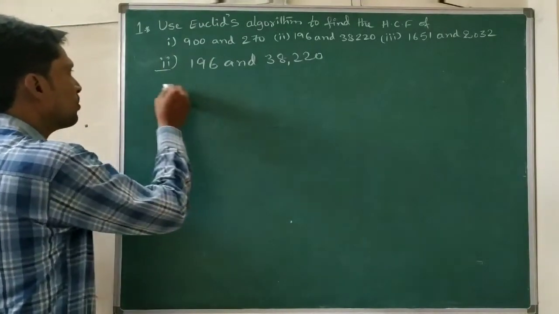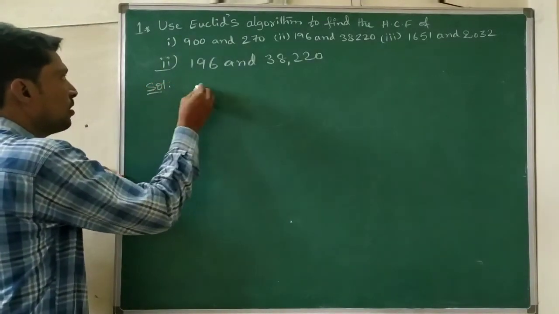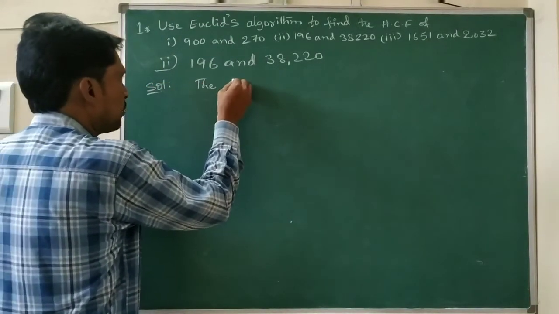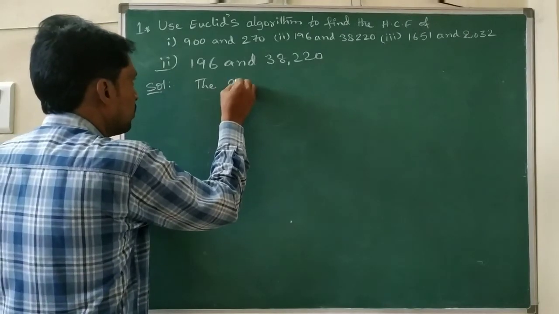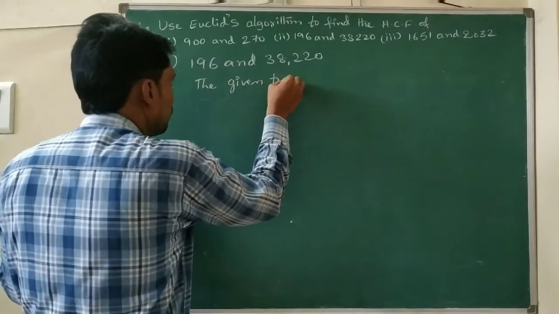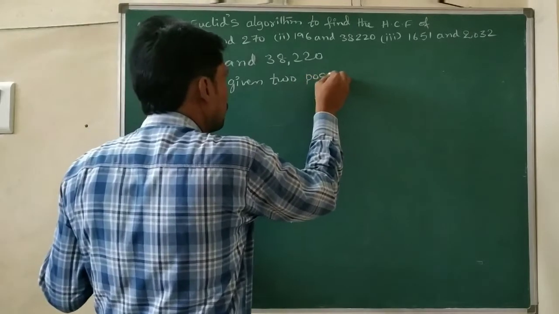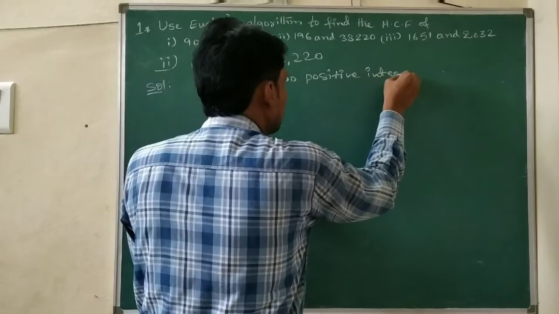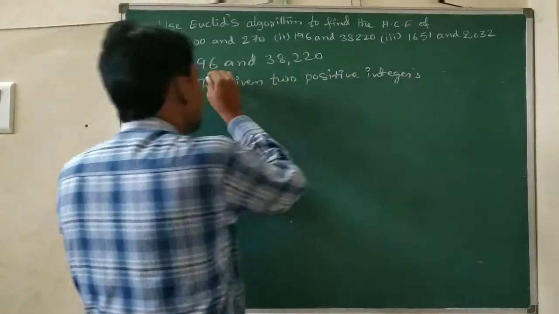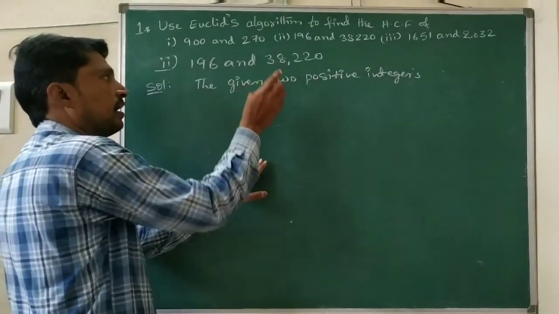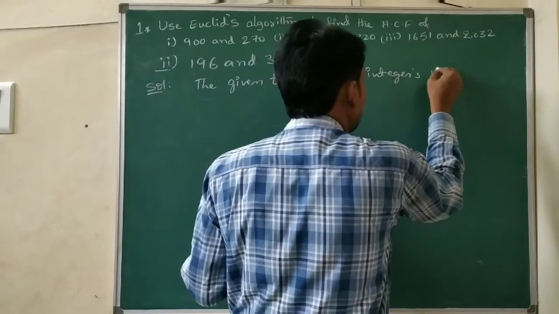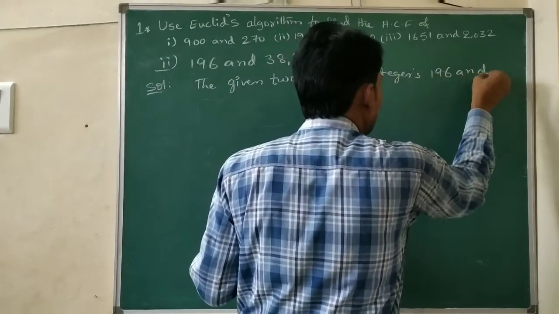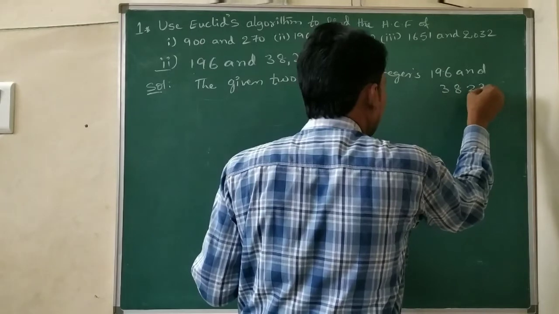Now take the given two positive integers: 196 and 38,220.